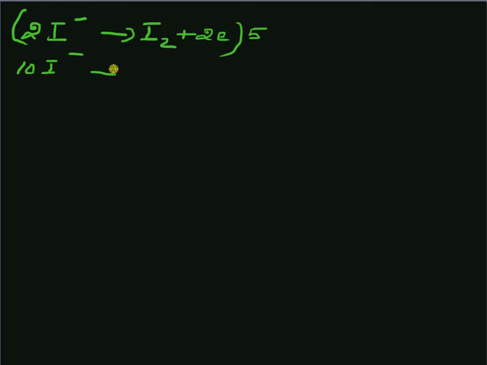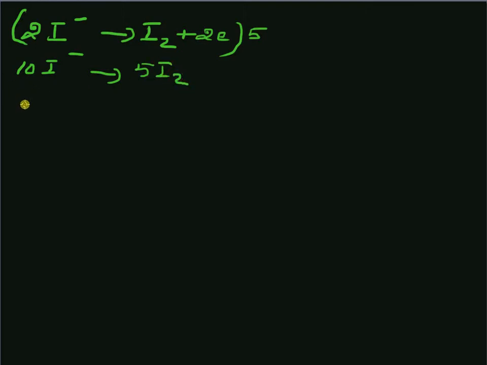For I-, it is 2I- becoming I2 plus 2 electrons, which is multiplied by 5 to get 10I- giving 5I2.